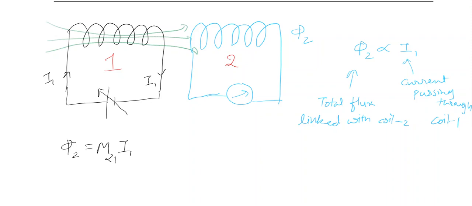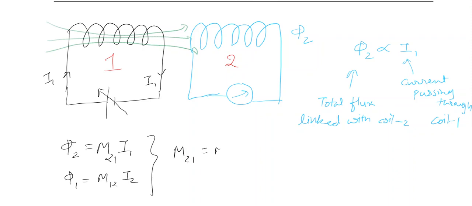Similarly, if you are allowing current to pass through the second coil and if you are looking at the flux linked with the first one, then the equation can be phi 1 is equal to M12 I2, because you are passing current through the second coil and you are talking about the flux linked with the first one. So phi 1 is equal to M12 I2. So what is M21?